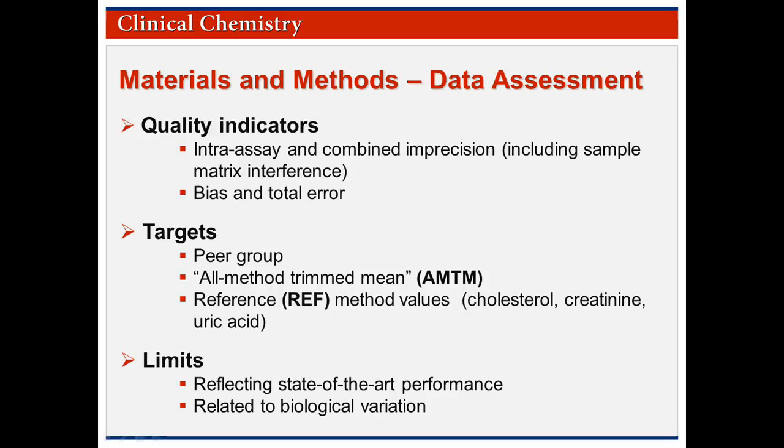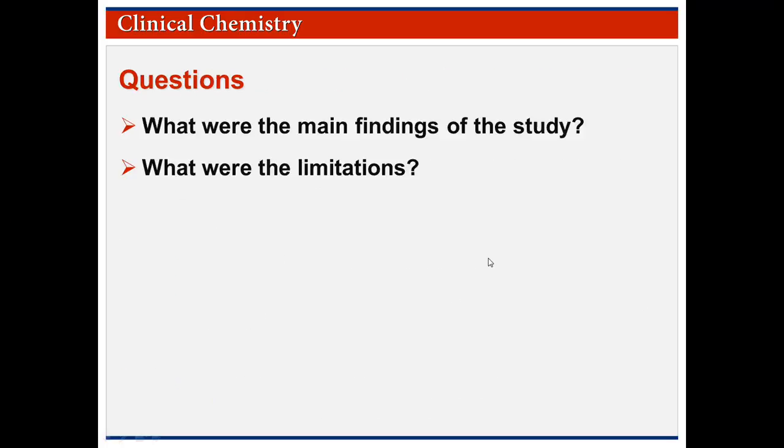And they estimated this for both the peer group and the reference level by assessing the data against the peer group mean and the all method trim mean, respectively. And then they estimated the combined imprecision data, and they also assessed the assays for peer variation.